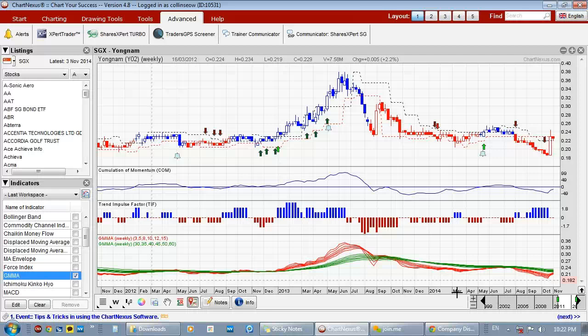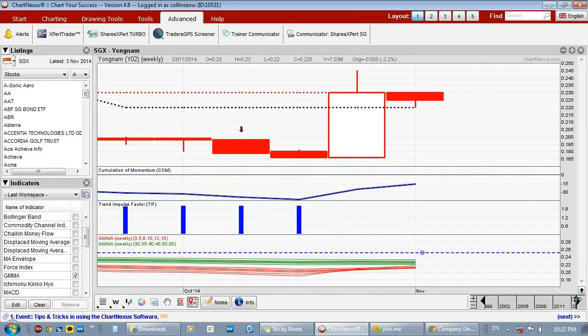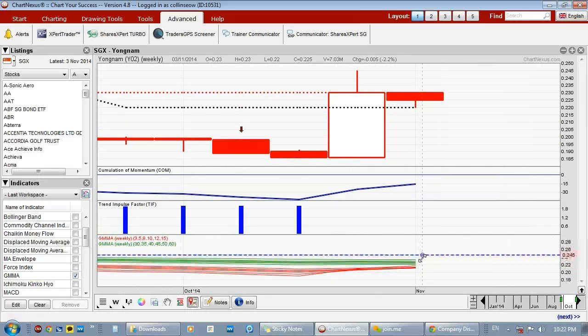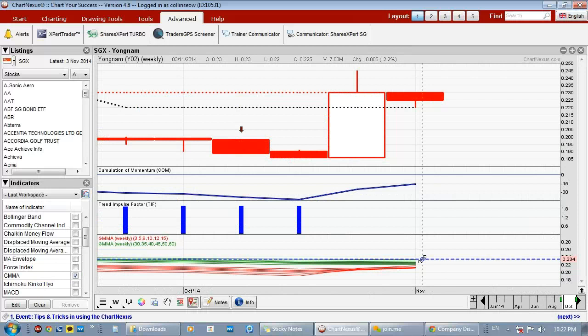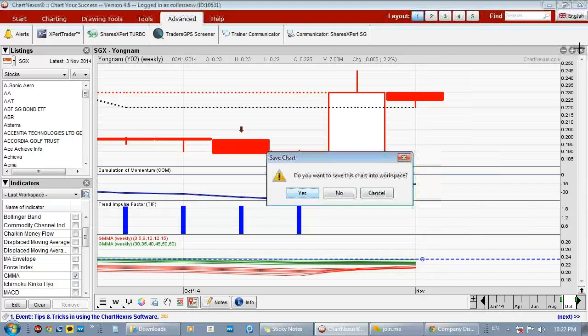Need to wait for the red group to break above the green group. That will be around 24 cents. Once it clears 24, 25 cents, then you can confirm that the longer term is up. Okay, this is for Yoma. Yongnam, sorry. Any question?